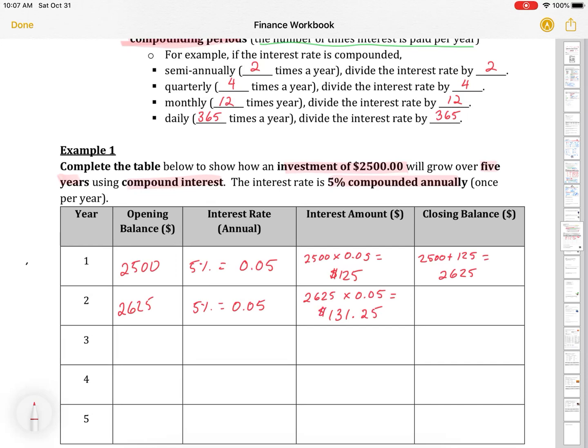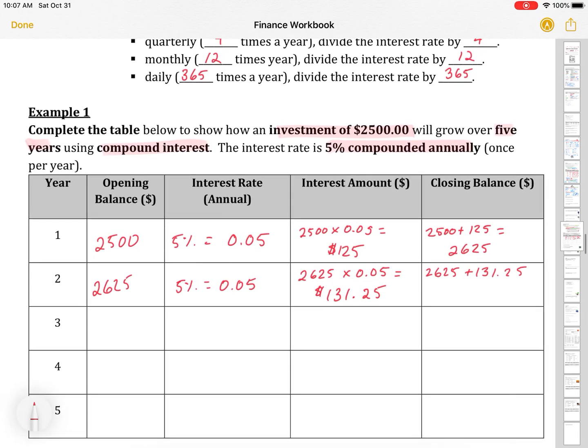Now our closing balance after the second year is 2,625 plus 131.25, which is 2,756.25.